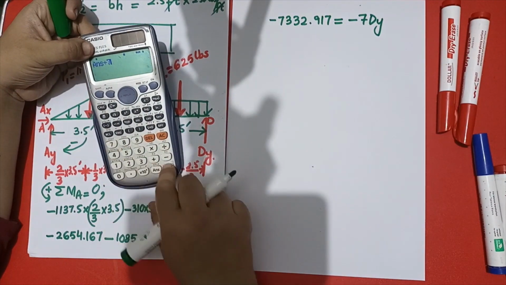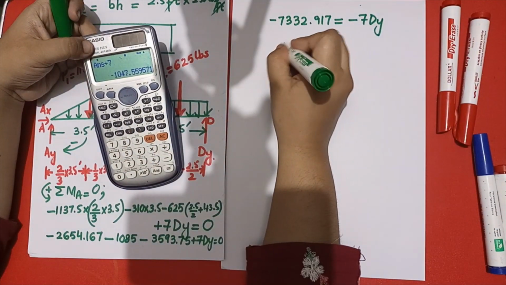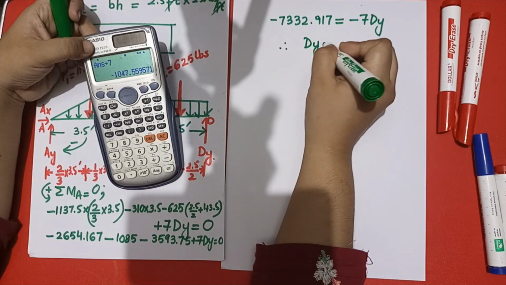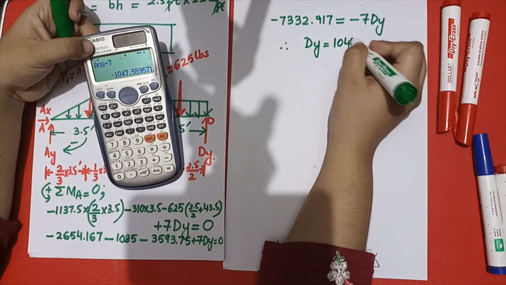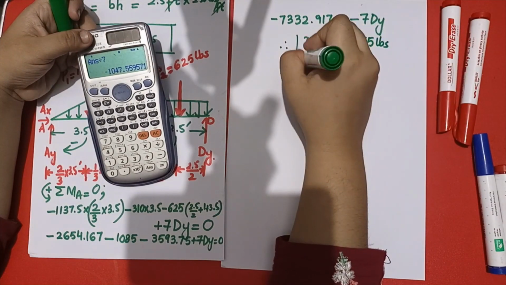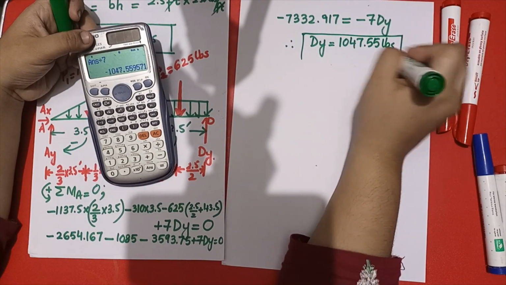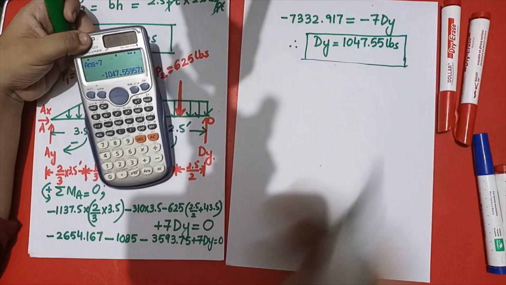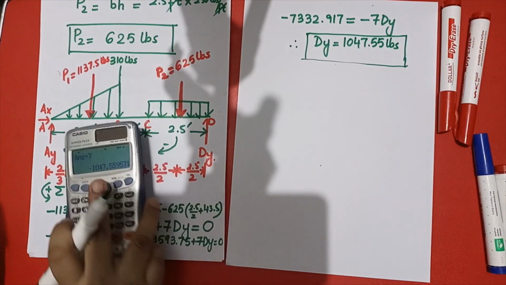When I divide by 7, Dy equals 1047.559 pounds. This is the way to calculate the support reactions.